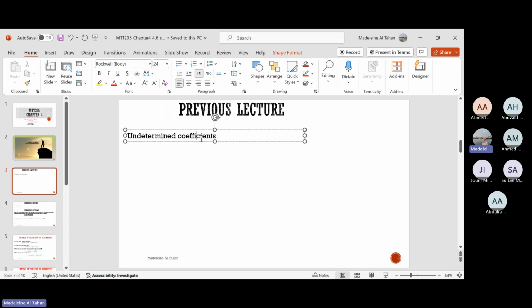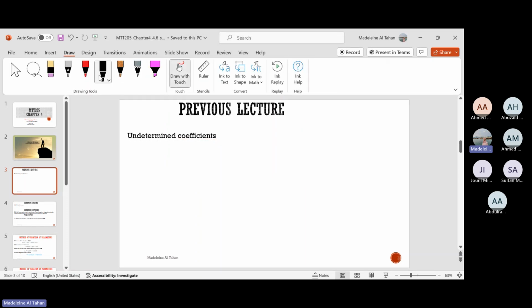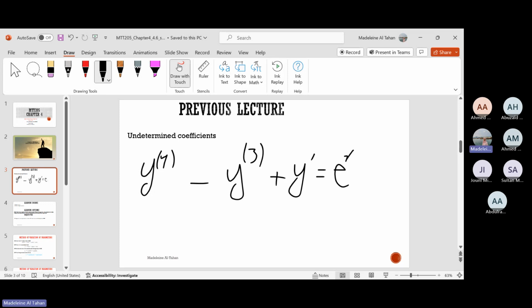Okay, so I will write 2 equations and you will tell me whether we can use it. So let's say I have here y4 minus y cubed plus y prime equal e^x minus x. In this case, can we use it?